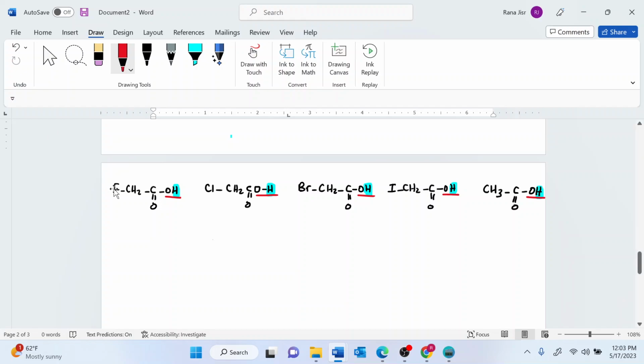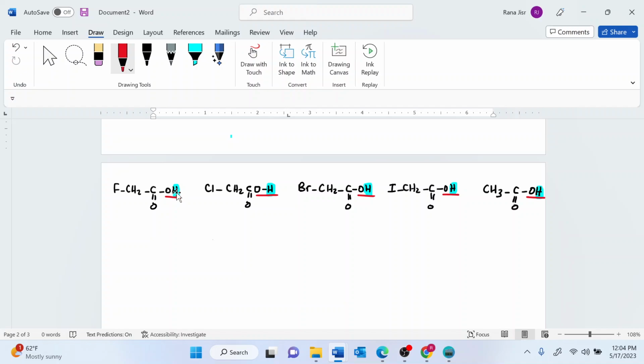So notice here, I have a fluorine, I have a chlorine, I have a bromine, I have iodine, and I have no halogen on this carbon. Because the halogen is not directly connected to the hydrogen, I can no longer compare the acidic hydrogen based on the group effect.